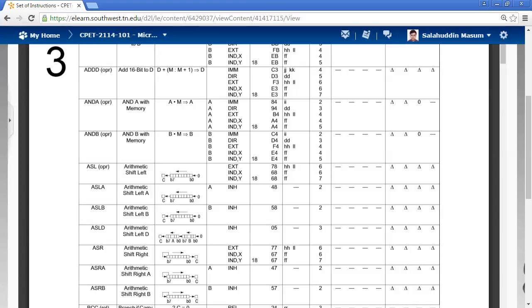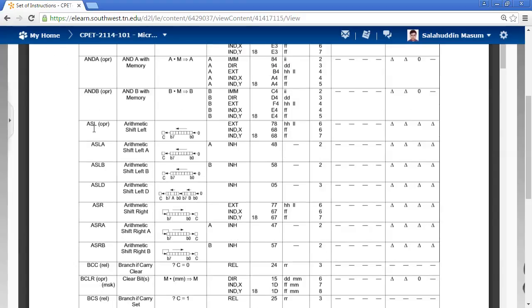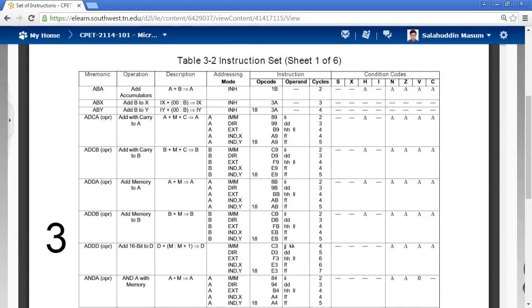We'll not be able to understand everything right now, but this is alphabetically sorted, and these are the instructions. We'll be exploring and trying to understand them over the whole semester.